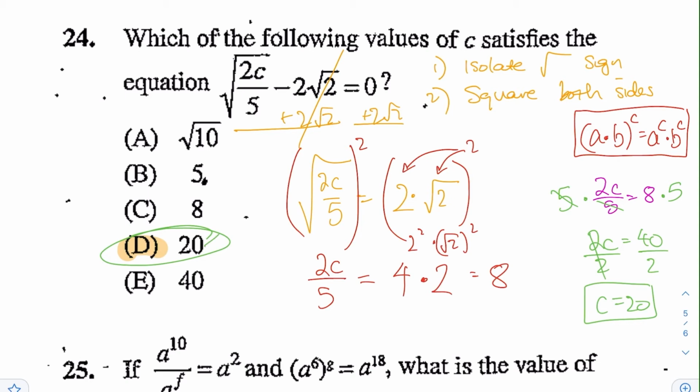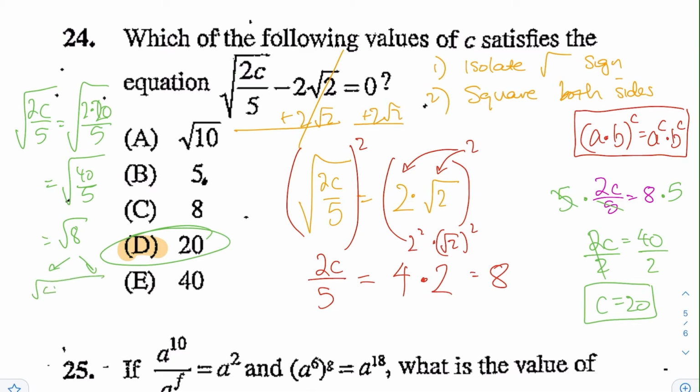Substituting 20 for c here, the square root of 2c over 5 is the square root of 2 times 20 over 5, which is the square root of 40 over 5, which is the square root of 8. Now, the square root of 8, you split into the square root of 4 times 2, and you cut this into 2 pieces, and that's equal to 2 root 2, because 4 is a perfect square.